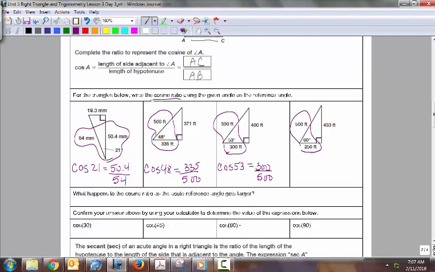And the cosine of 60 degrees is the side adjacent over the hypotenuse. And then we could get our calculator and calculate the unit rate if we'd like, so that we can see how the cosine is behaving.